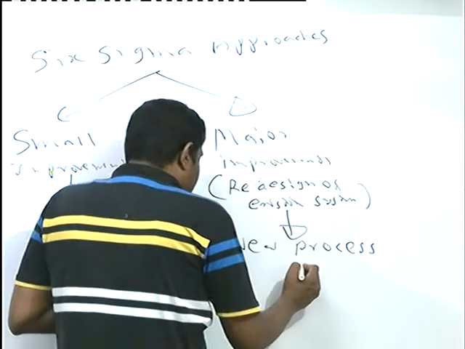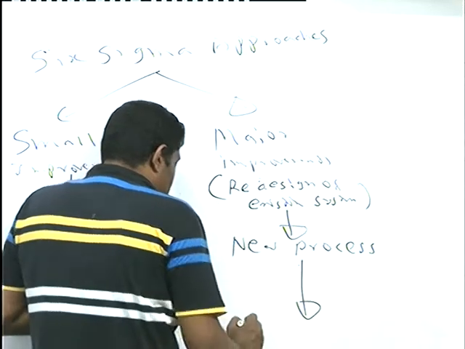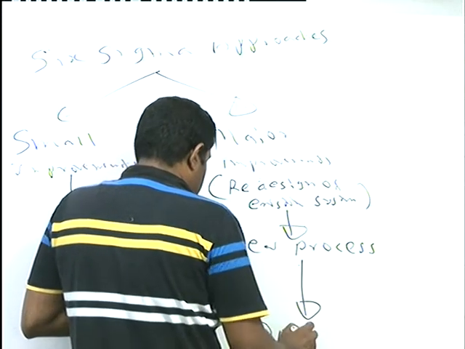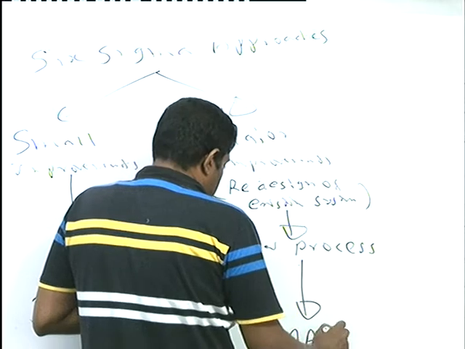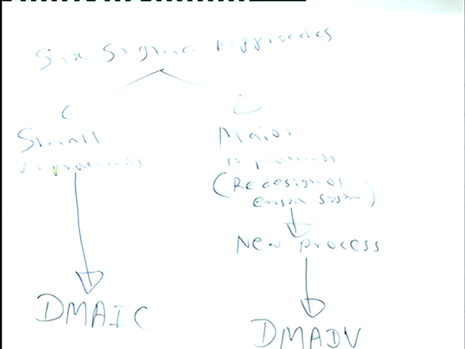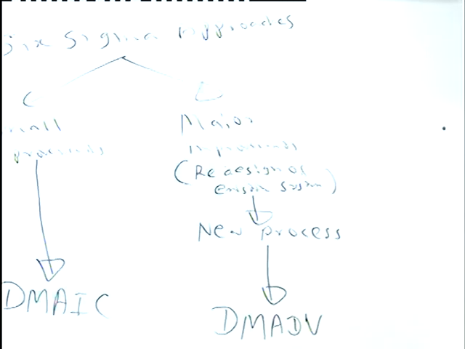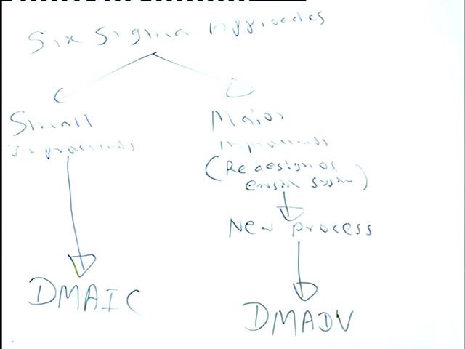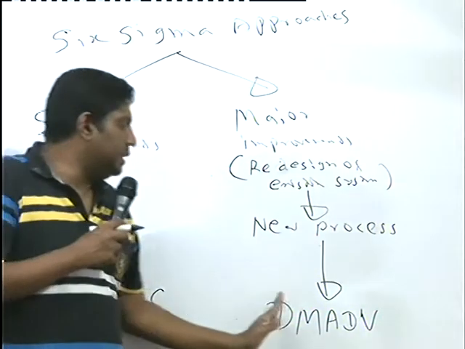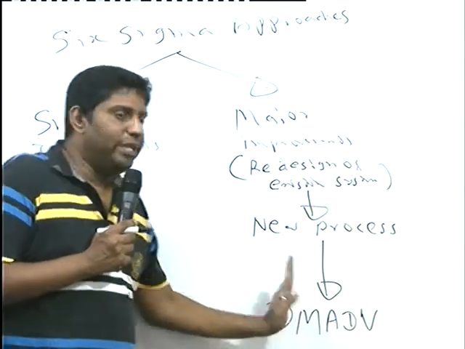Here when you are applying for a new process, the process you have to use is the DMADV process. Here DMAIC, here DMADV.